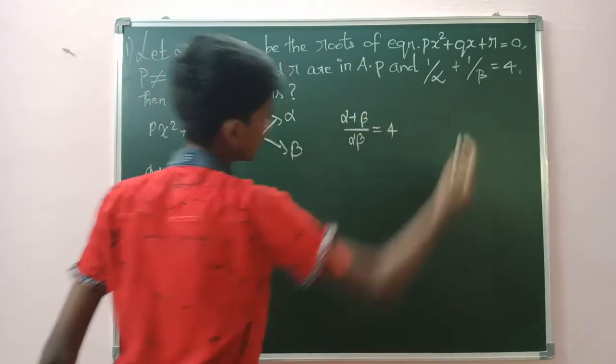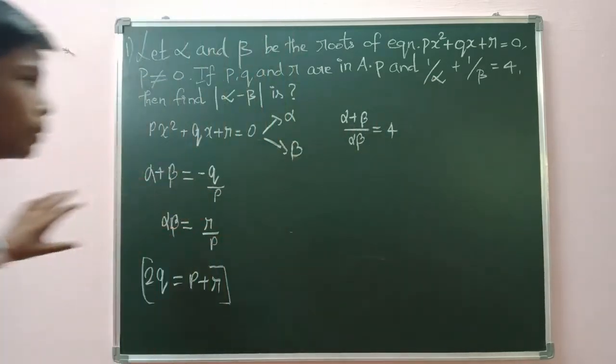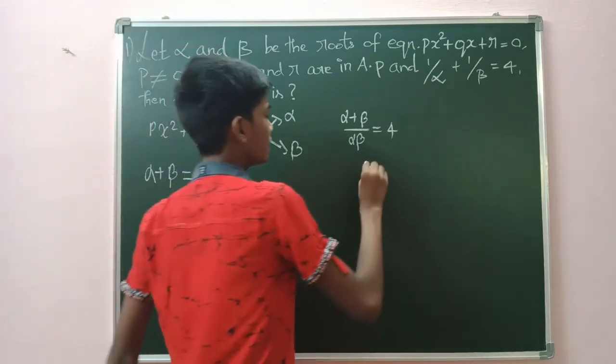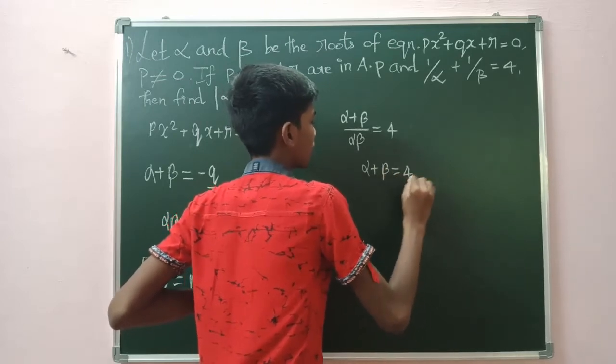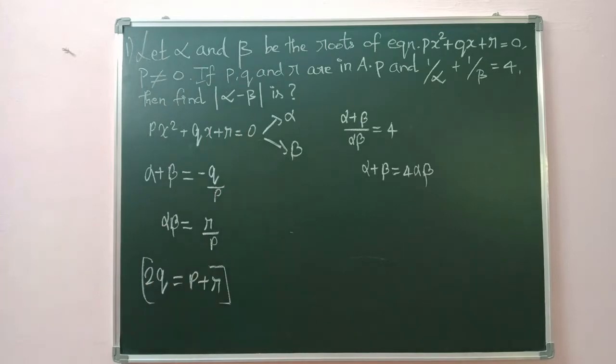Just take the LCM, guys. 1 by alpha plus 1 by beta, take the LCM, and we get alpha plus beta by alpha beta, and that is equal to 4. Now cross multiply. So finally you will get alpha plus beta is equal to 4 alpha beta.